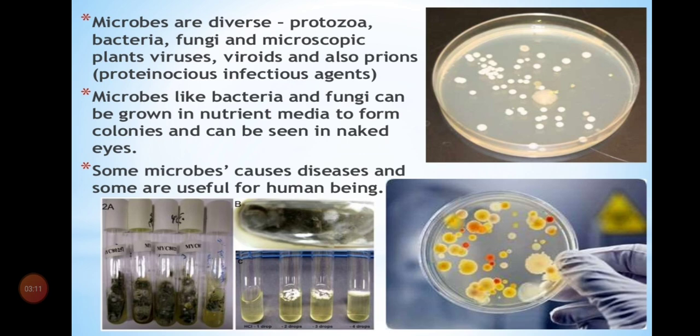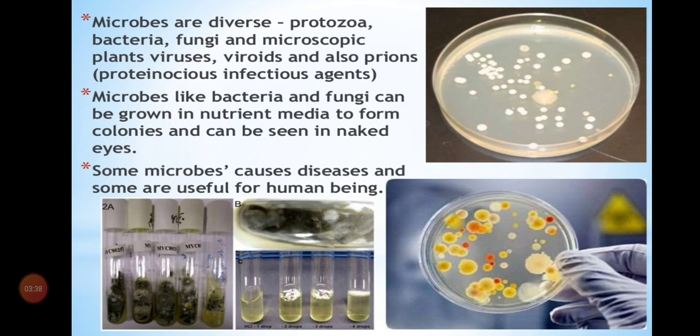Viroids we can see only genetic material but no protein. No protein, only RNA will be there. That is only we call it viroids, or naked virus. And prions. Prions, only protein will be there, there won't be any genetic material. So how these kinds of microorganisms will be helpful for human beings, only we are going to learn.